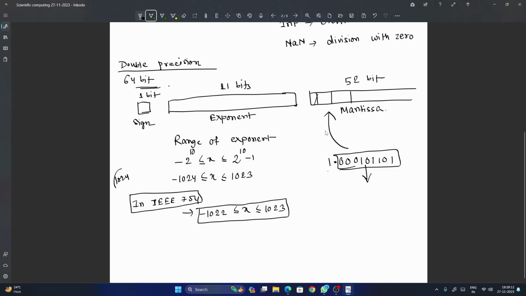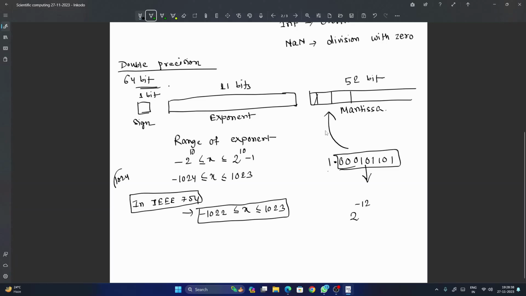And here another problem is, in the exponent there is no sign, in the mantissa there are signs. So if your number has a negative sign, you can just give 1 bit corresponding to negative and 0 corresponding to positive. But the problem is, suppose your number is very small, like 2 to the power minus 12 or 2 to the power minus 13.